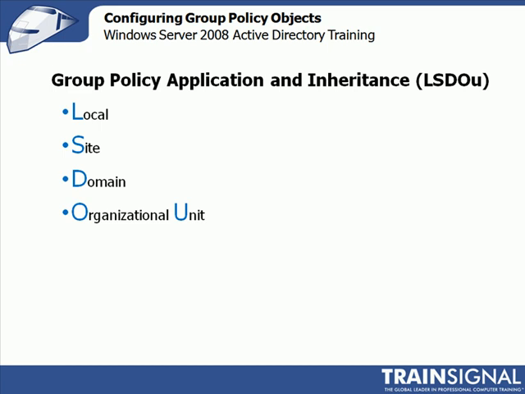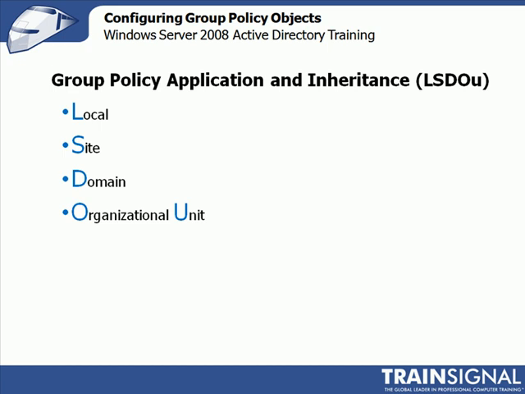When that is done, it then looks to the domain that the user is in and looks to see if there are any group policy objects linked to that domain, if there are any user-based settings, and if so, go ahead and apply those. And then it looks to see what organizational unit the user resides in.